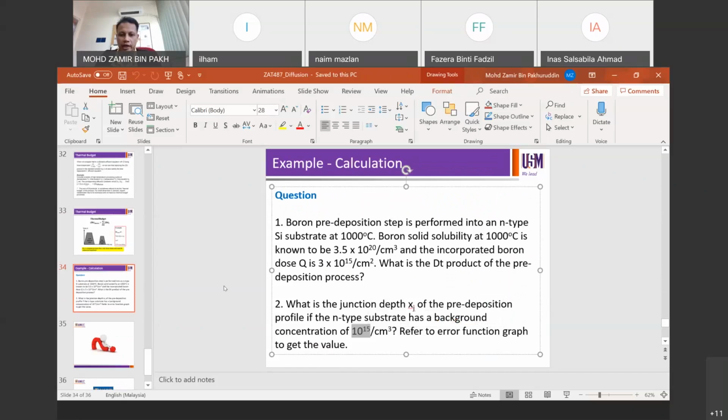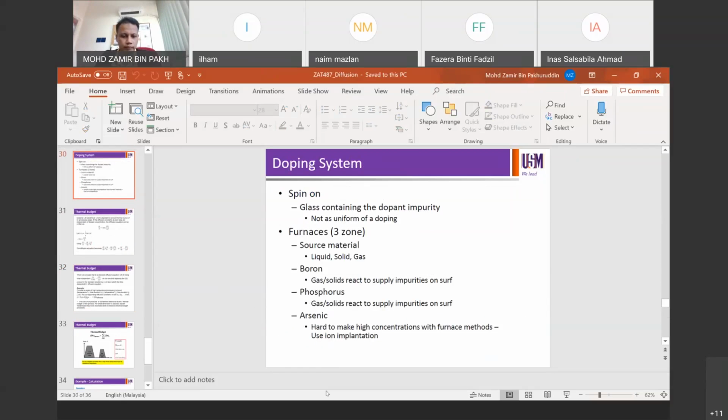So you divide that with your background concentration, and then you come to the graph, saya tunjuk ya. So it's 2 times square root dt, error function of 3.3 on the graph. So you need to look at 3.3 on the graph.